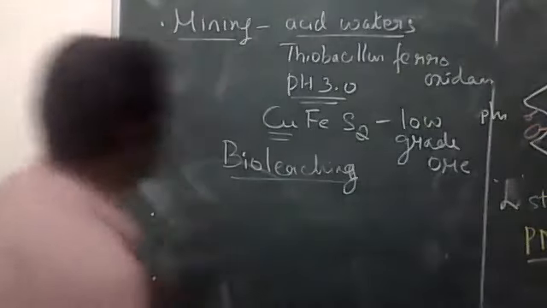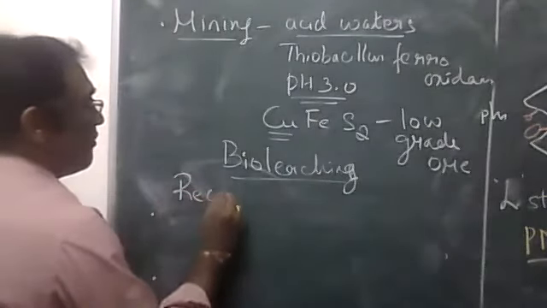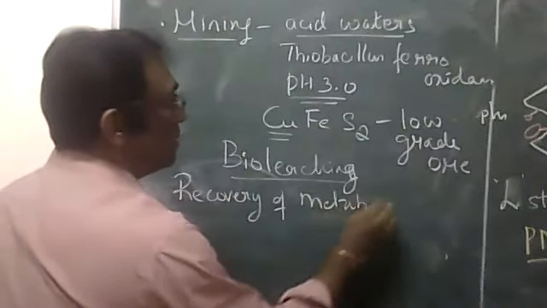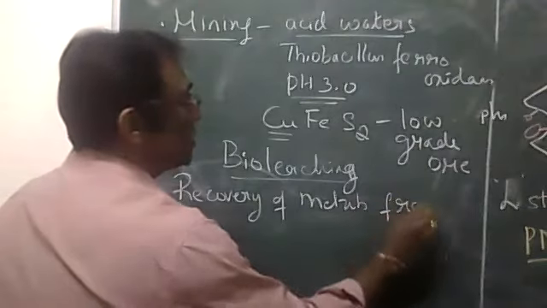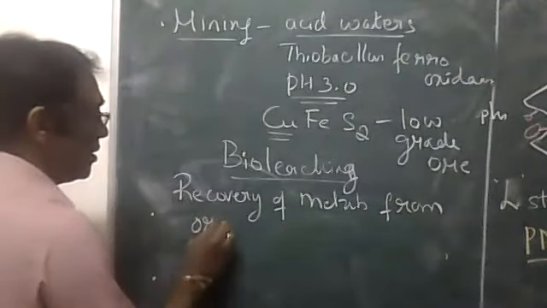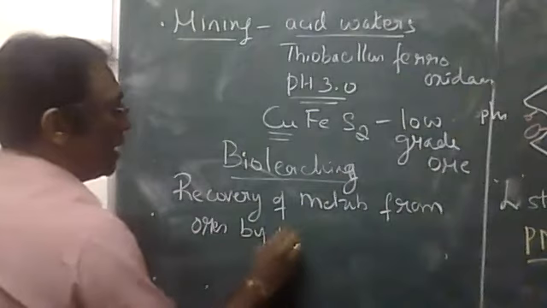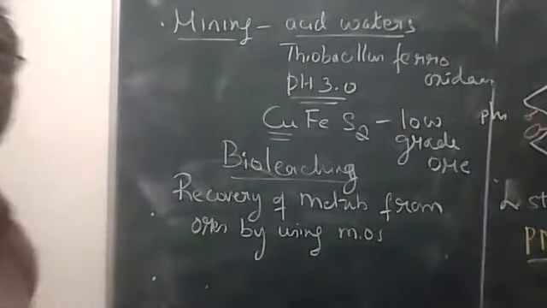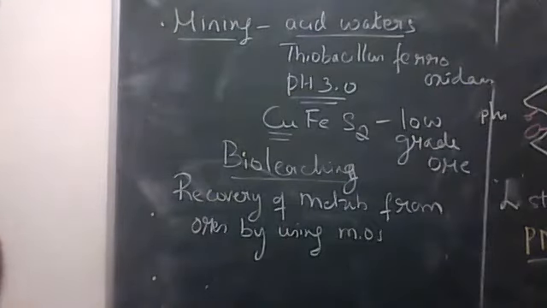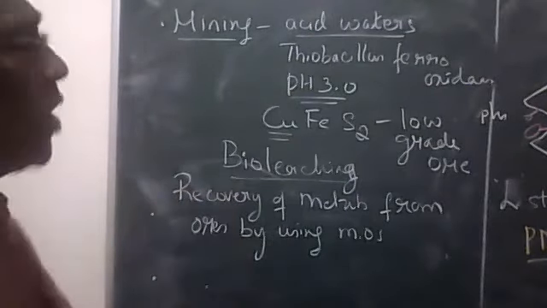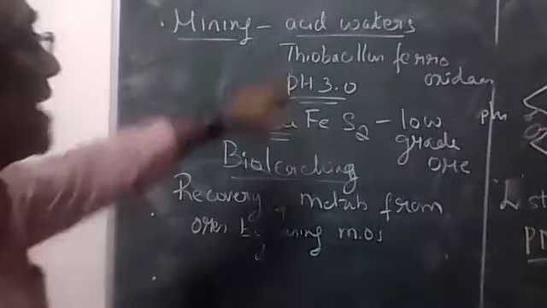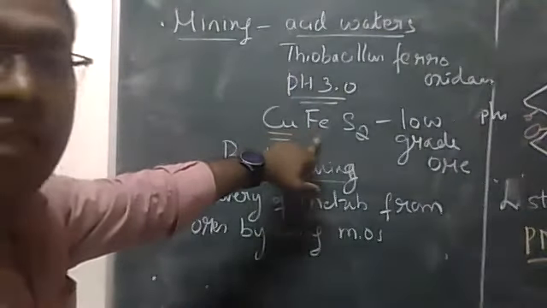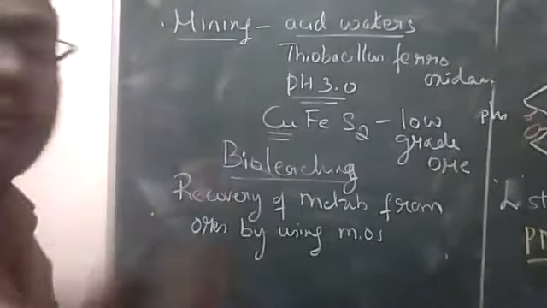Write down: recovery of metals from ores by using microorganisms. That is called bioleaching. Why am I talking about all these things? This bacteria, Thiobacillus peroxidans, uses iron. When they use iron, they release copper free.